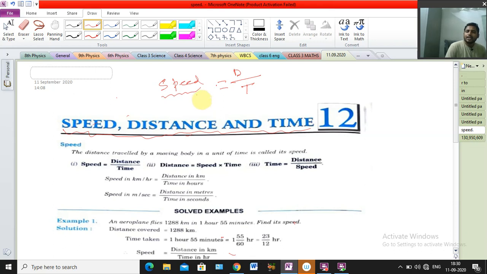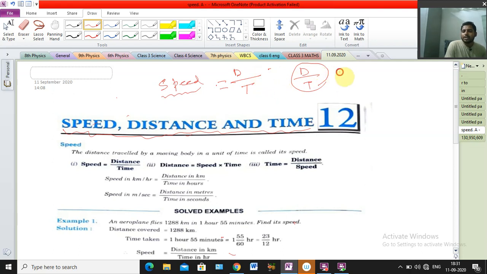The distance traveled or moved by an object in a unit time is called speed. That means total distance whatever we are covering divided by time, in a unit time, is called speed.